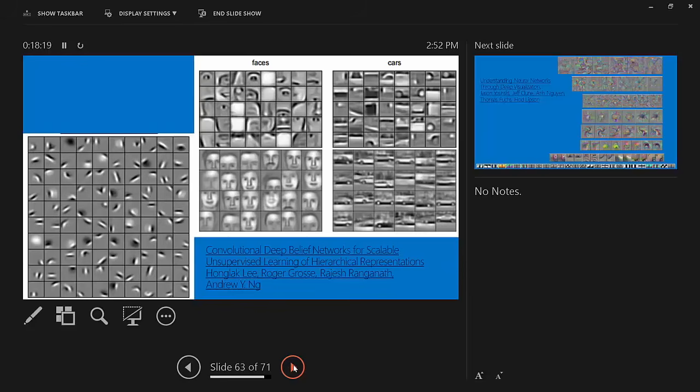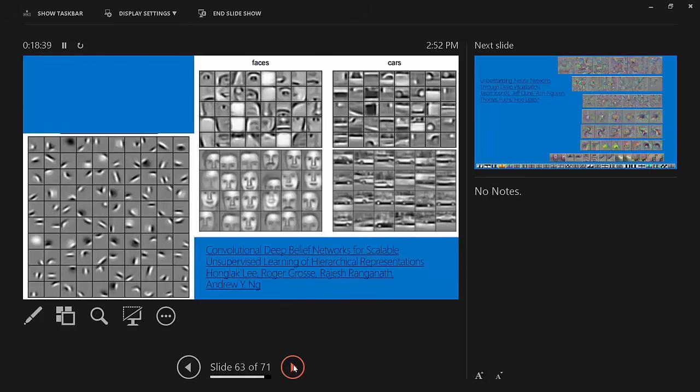These are the primitives of an image. If you train on images of faces, then your second layer outputs start to look like eyes and noses and mouths and chins, and your third layer outputs start to look clearly recognizable as faces.